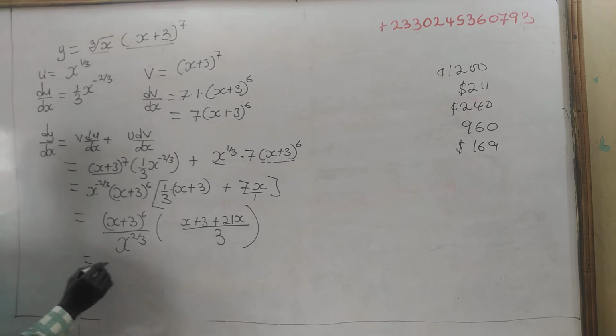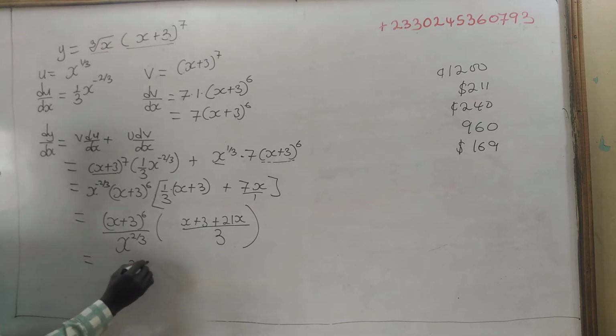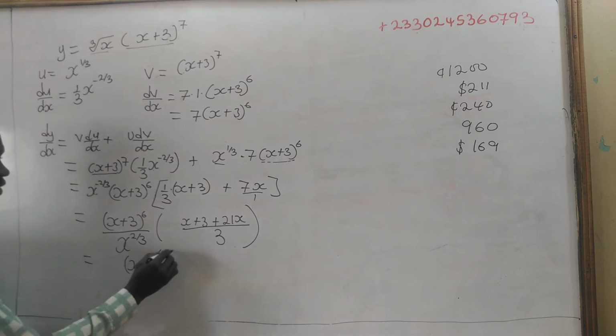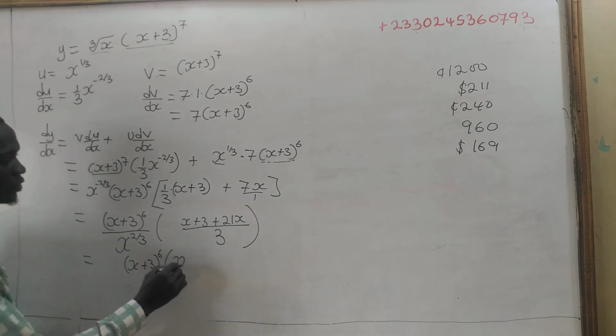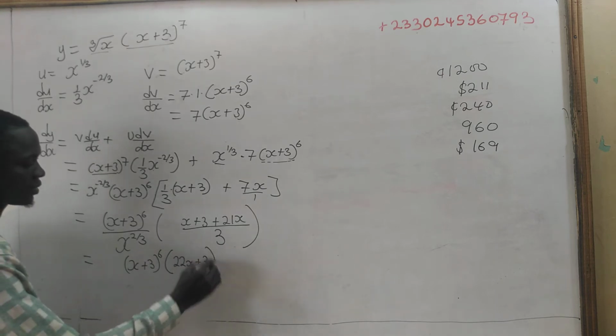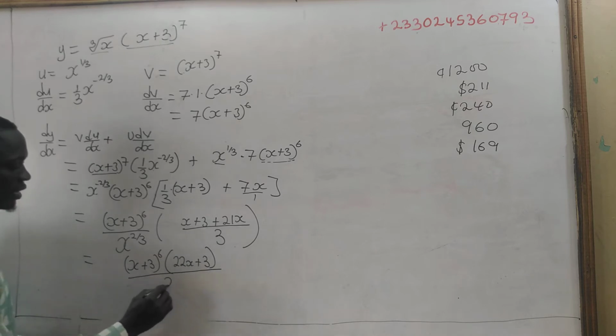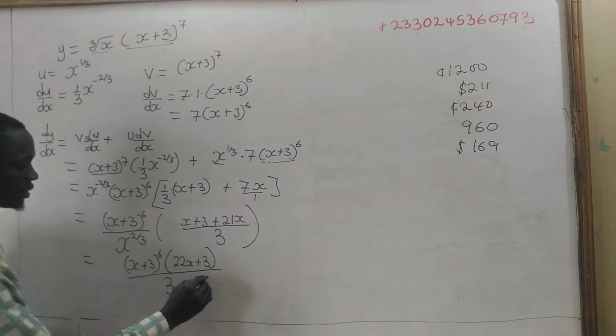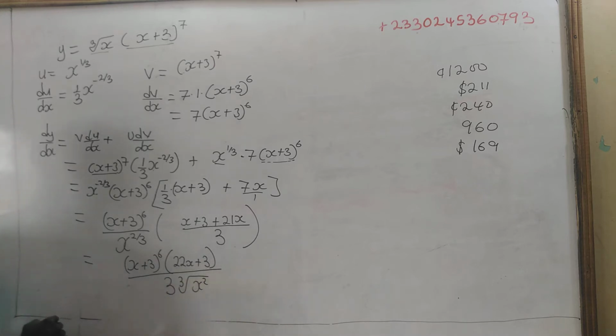So we are going to have (x+3)^6 times (22x+3), all divided by 3 times the cube root of x squared.